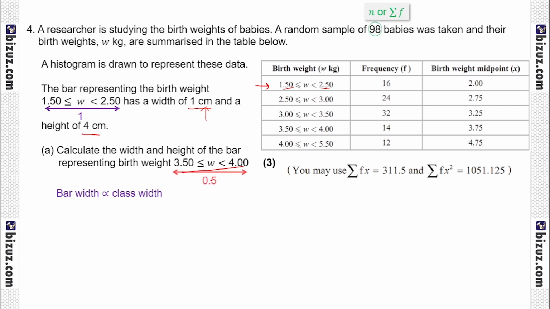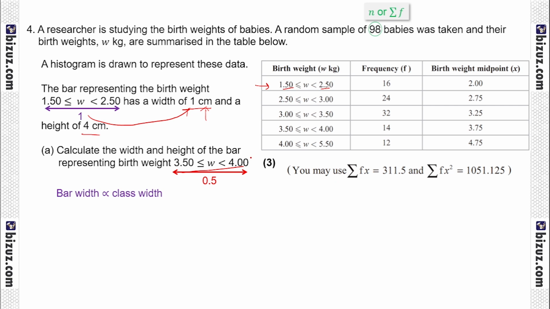And so, as we can see here, this class has a width of 0.5. That's the class width. And so the bar width, whatever it's going to be, has to be proportional to that. I think it's very clear to see if 1 corresponds to 1 centimeter, 0.5 should correspond to 0.5 centimeter. But formally, if we were to do this calculation, we could use proportionality.